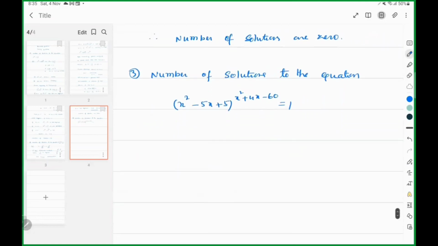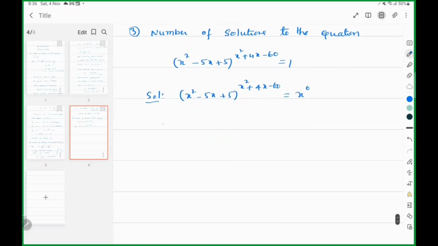So here also the same logic we have to use, what I discussed in the first question. (x square minus 5x plus 5) power (x square plus 4x minus 60). One I can write here. It is of the format a power b equal to 1. This is possible. I already mentioned this.